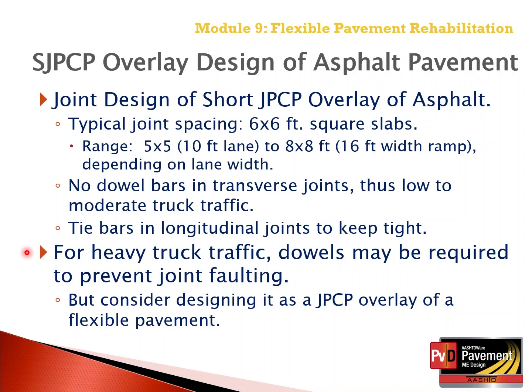But if that occurs for very higher volume traffic, because faulting is not a design criteria in short jointed plain concrete pavements at this time, the user or designer should consider using jointed plain concrete pavement overlay of a flexible pavement itself, and not the short jointed plain concrete pavements.